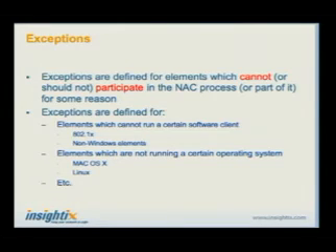The problem here is that these types of elements, for example, are those that cannot run a software client like 802.1x, systems that cannot run a client like non-Windows elements, or some elements that run an operating system that is not Mac OS X or Linux.